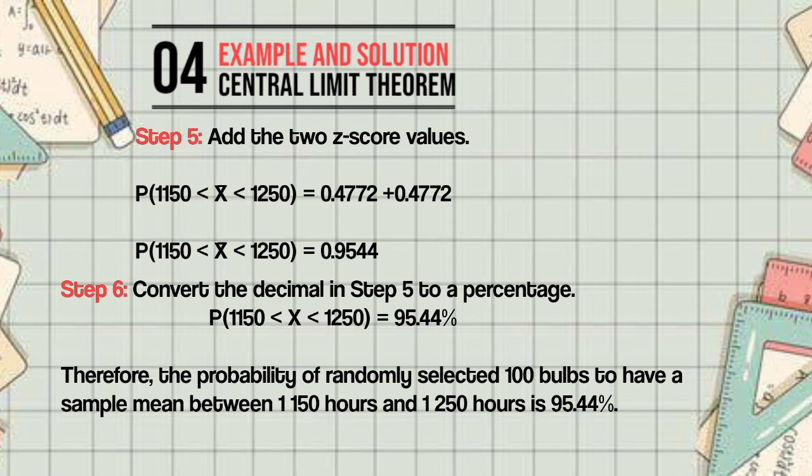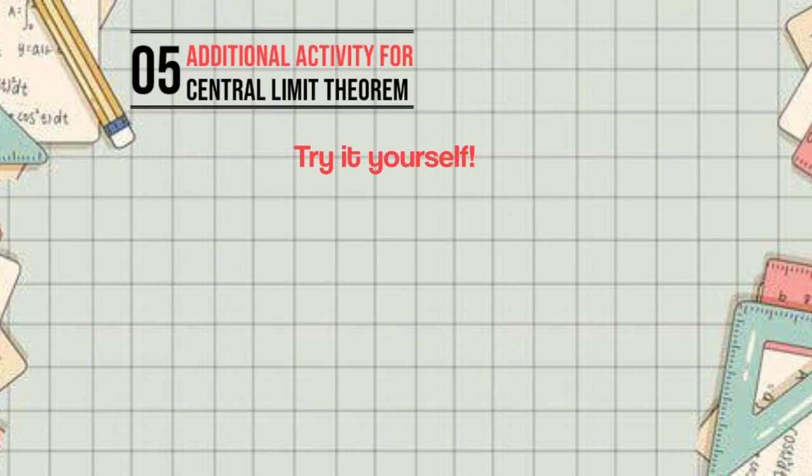P(1,150 < x̄ < 1,250) equals 95.44%. Therefore, the probability that a randomly selected sample of 100 bulbs has a sample mean between 1,150 hours and 1,250 hours is 95.44%.